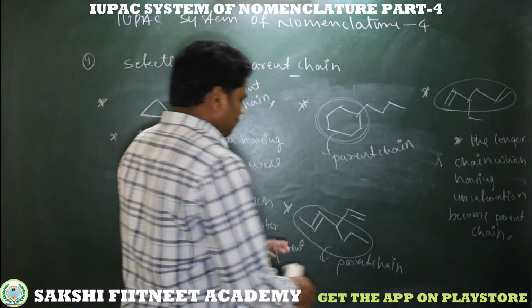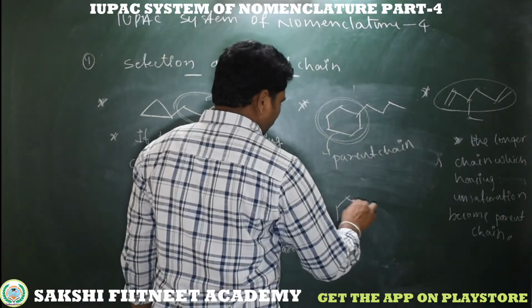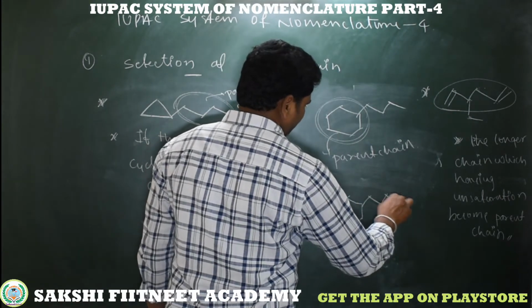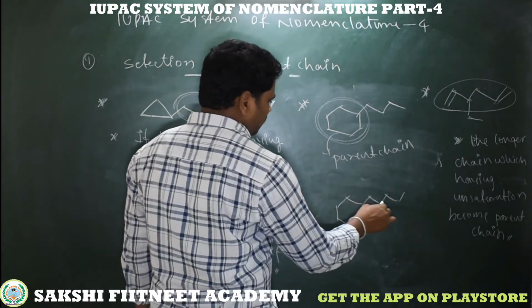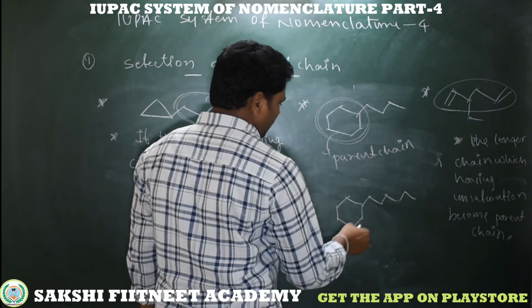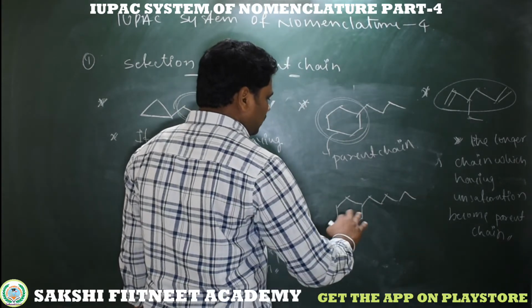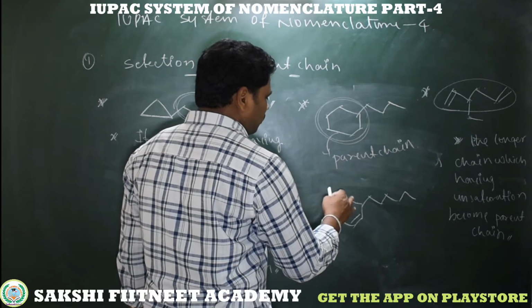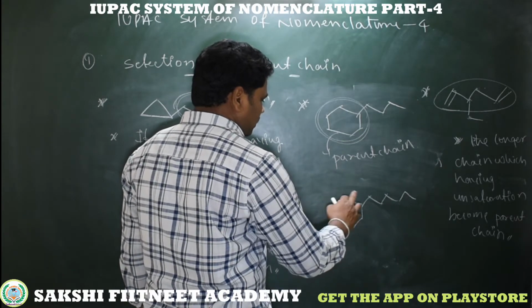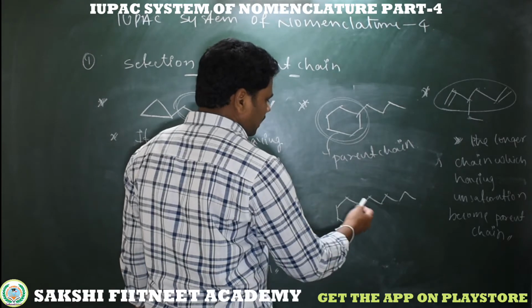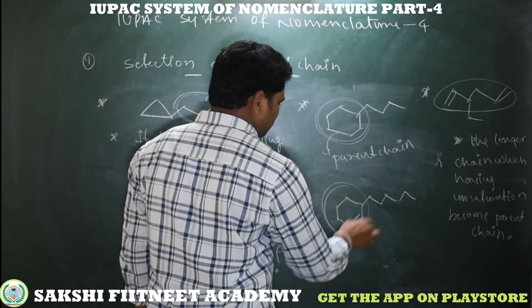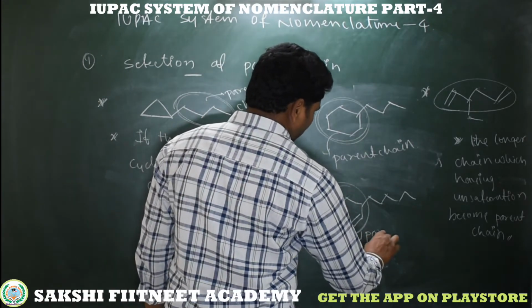If the molecule has an equal number of chain carbons and cyclic carbons, 1 2 3 4 5 6, then we need to take the next level, which has more importance. Here the cyclic system with unsaturation becomes the parent chain.